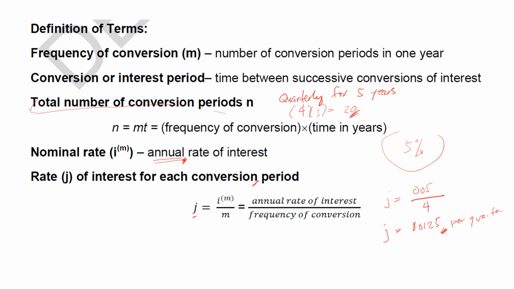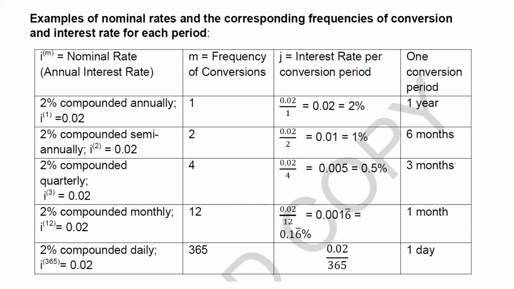Again, this 0.05 is the annual rate in 1 year. Hopefully that is clear, the difference between j and i raised to m. This is j, the third column.